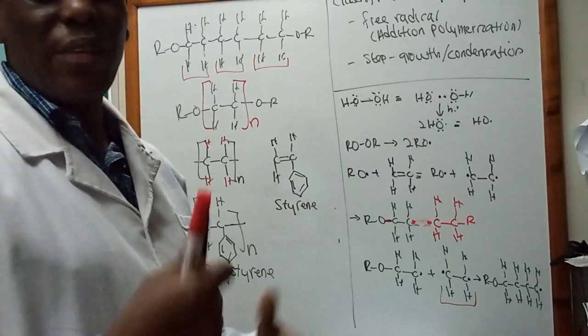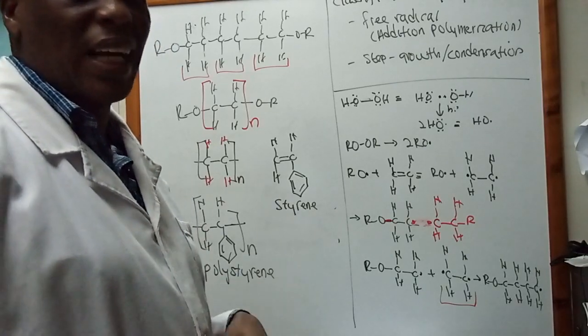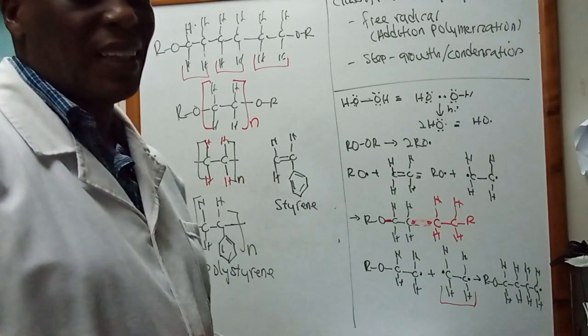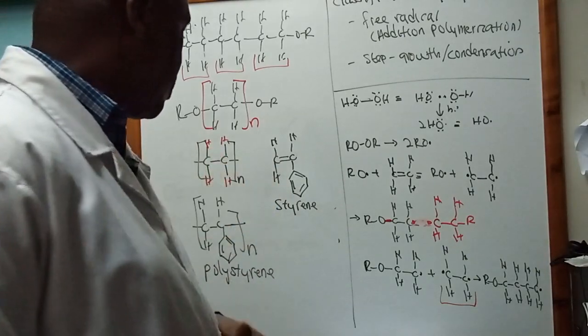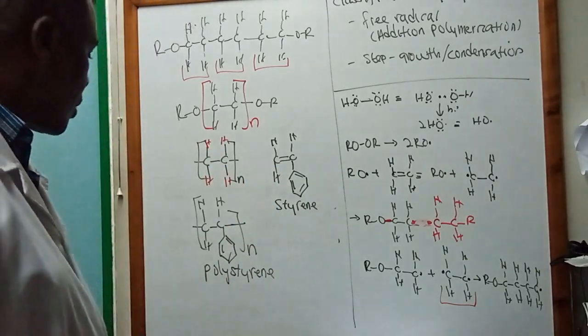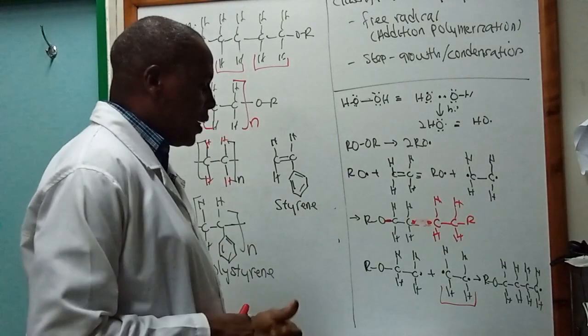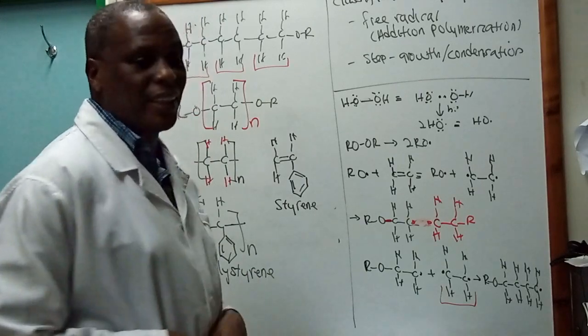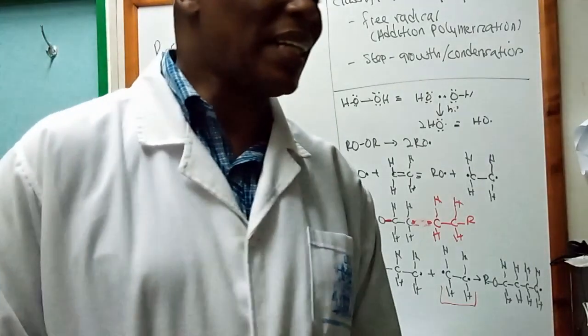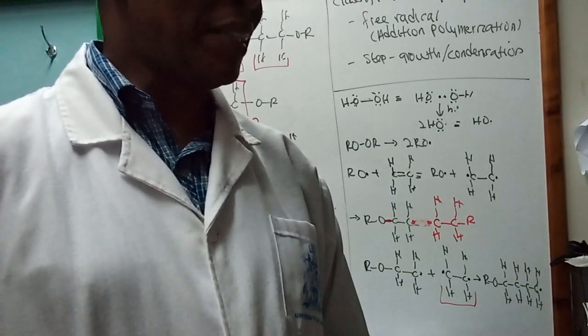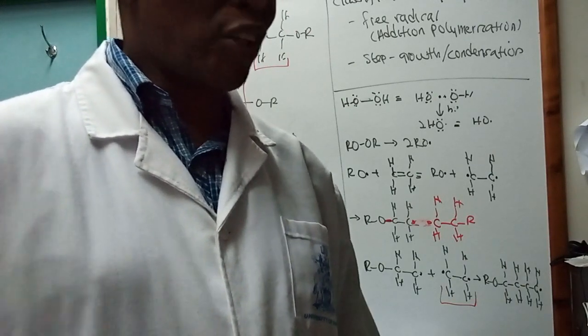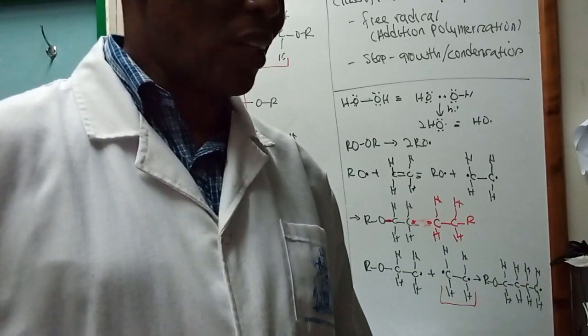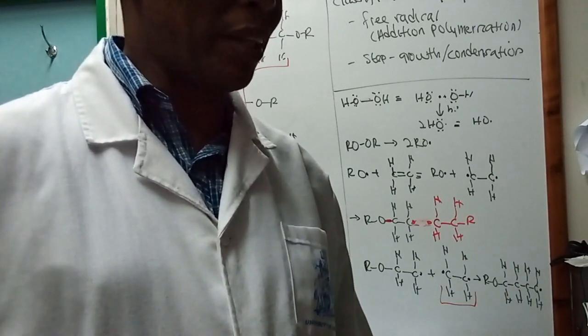From the notes, you'll see the different general representations of the polymers. So I believe you'll be able to look at the notes and read about the various applications of polymers, and particularly there are some new developments, especially with the concern about biodegradability.